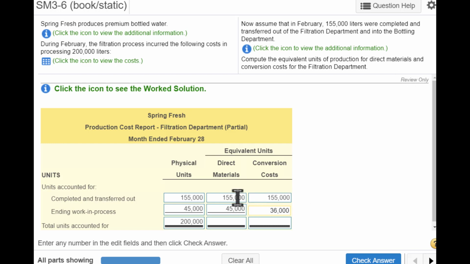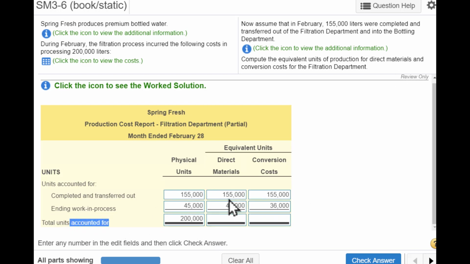So now, for the total units accounted for, we take 155 plus 45, which gives us 200,000 units accounted for. And for conversion costs, 155 plus 36 gives us 191,000 equivalent units.